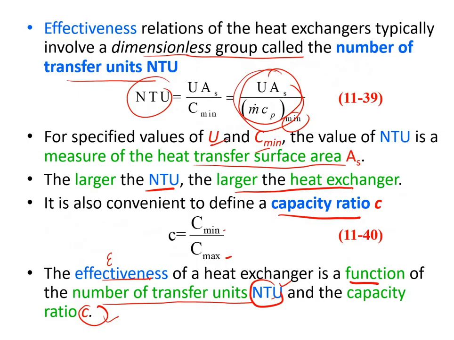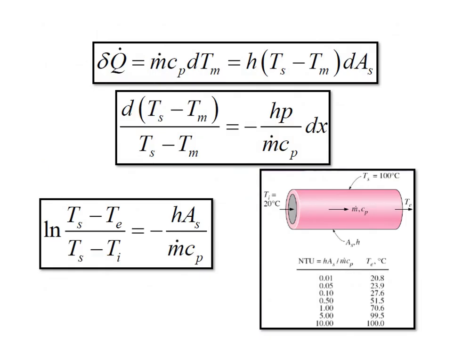Like what I said before, you can derive this. Basically this is already shown inside chapter 3, so I'm just taking back the information from chapter 3. You have an energy balance equation here, and you have Newton's law of cooling here.